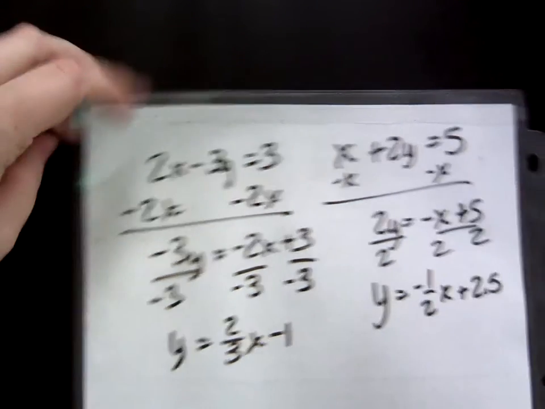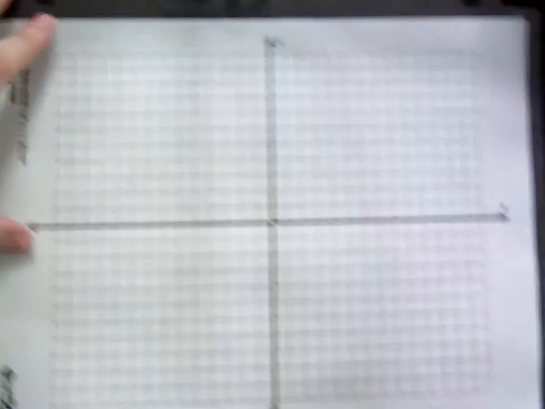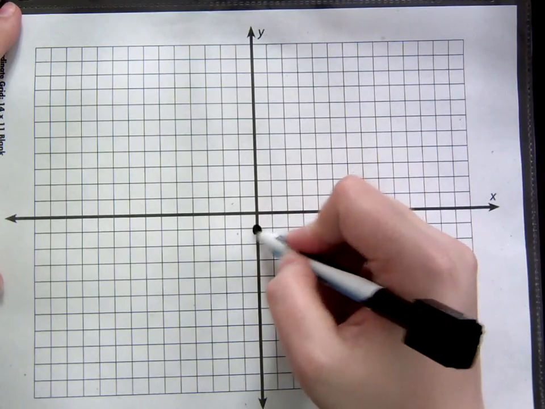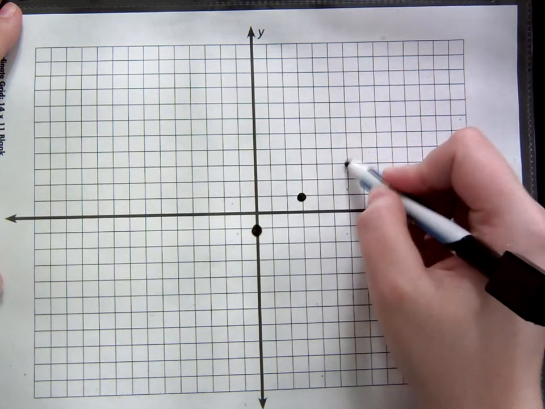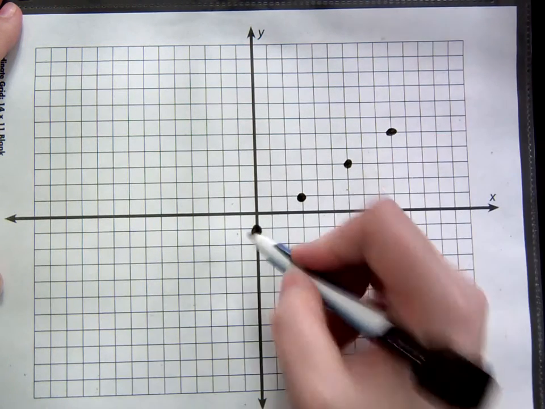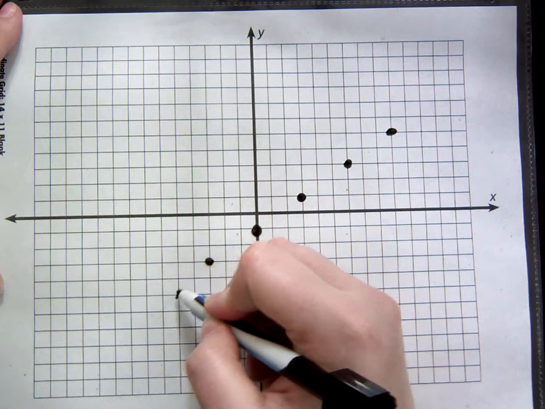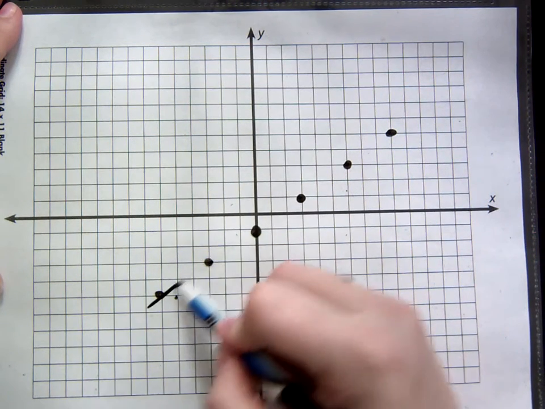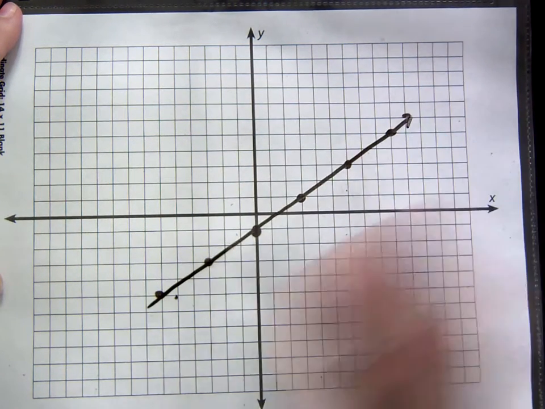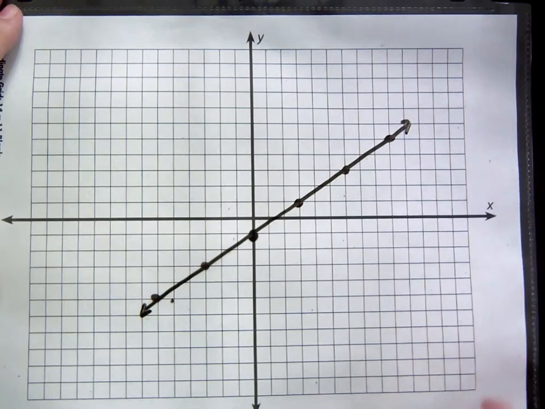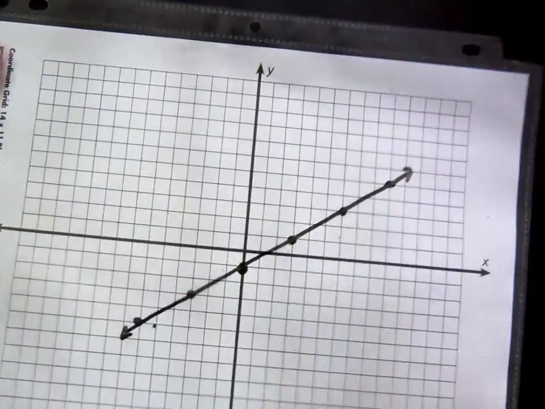So 2/3 x minus 1: down 1 and then up and over, up and over. There's one line. Now the other line, negative half x plus 2.5.